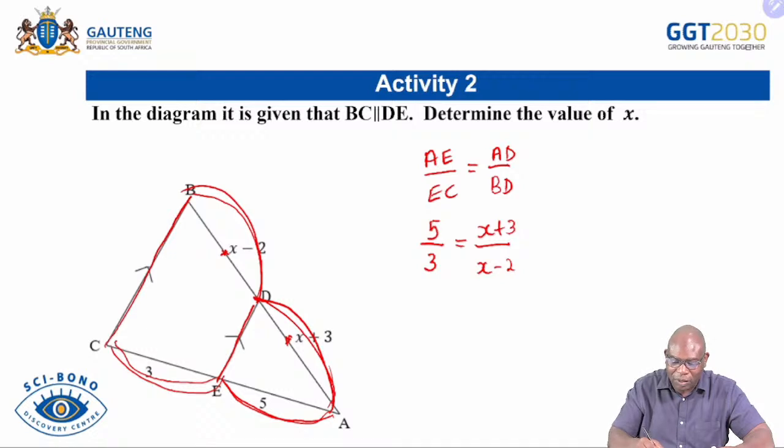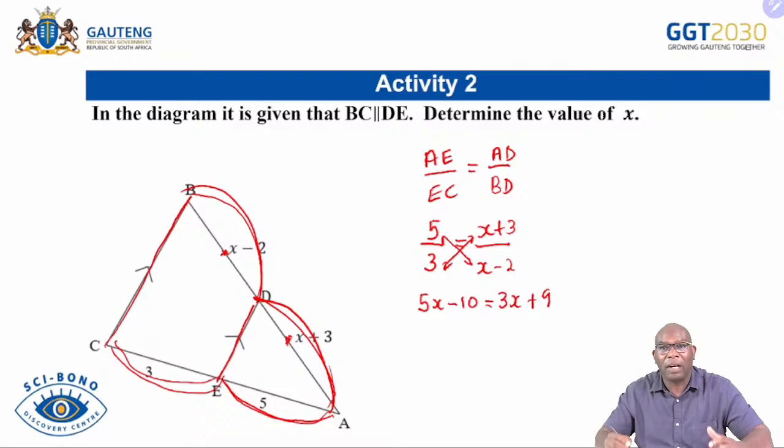So I'm going to say 5 times x, it's 5x. 5 times minus 2, it's negative 10, equals 3 times x, it's 3x. 3 times 3, it's 9. Got a nice linear equation that I can work with.